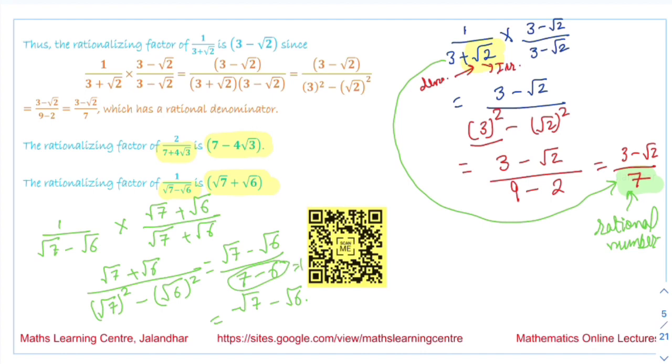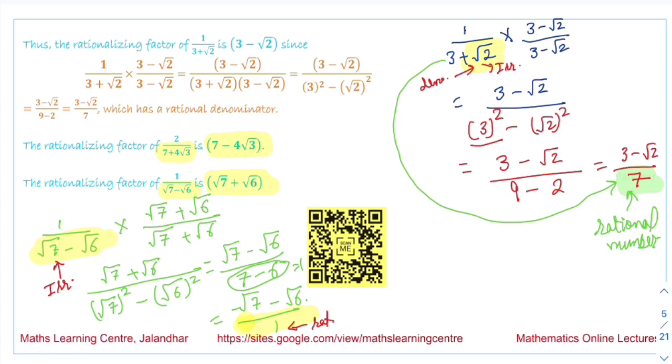So in this case the denominator is 1, we can leave this term and just write the answer as root 7 plus square root of 6. So this is what rationalization means: earlier the denominator was irrational, now the denominator is a rational number.